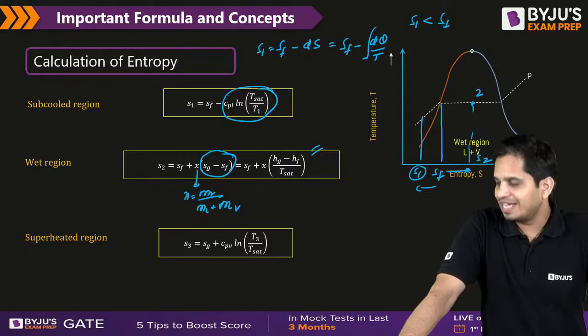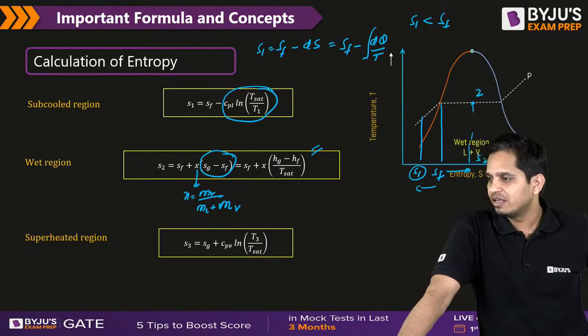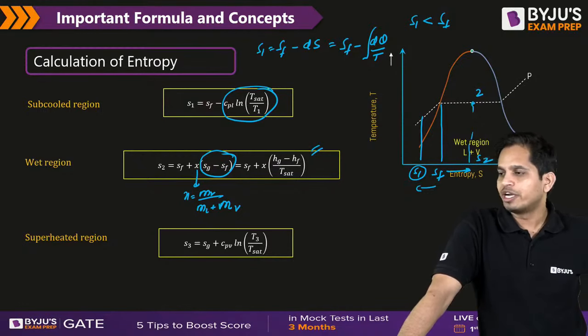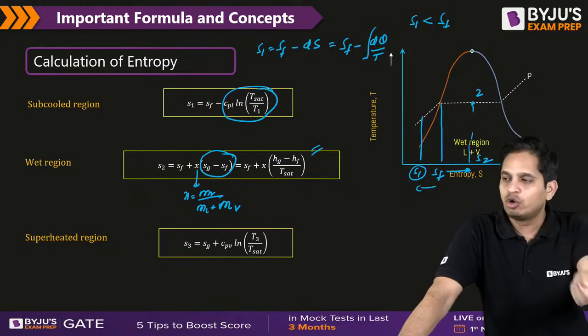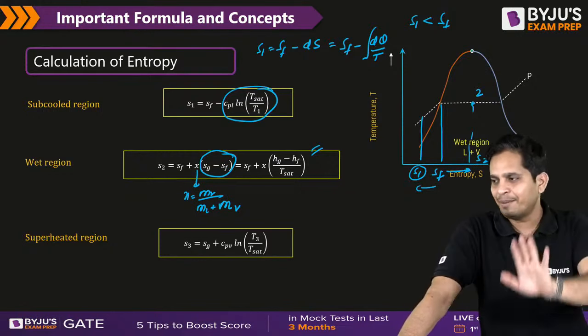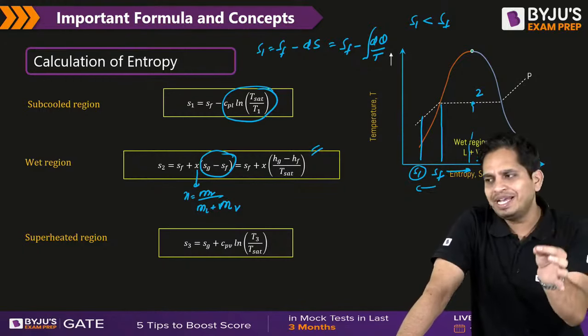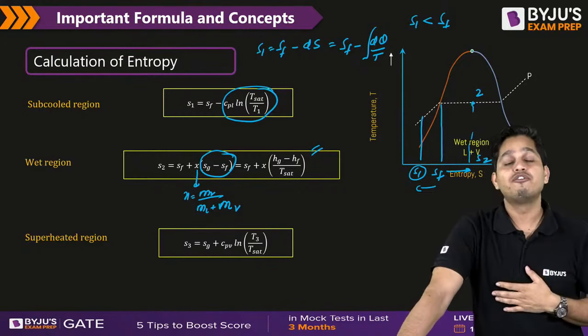At saturation temperature, it's not necessarily 100 degrees Celsius. If you increase the pressure, then the temperature will increase. Whatever energy you need to provide to convert a liquid into vapor at any pressure and temperature is latent heat. Latent heat simply means temperature will not change, only phase will change.